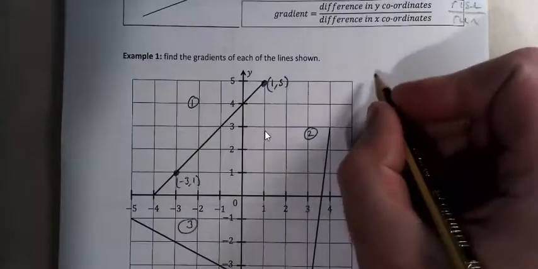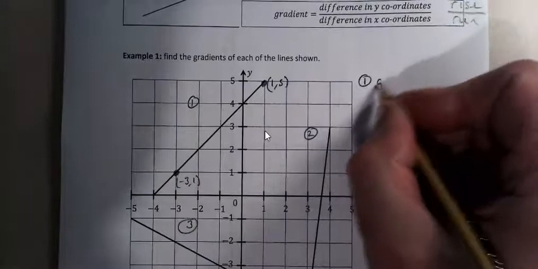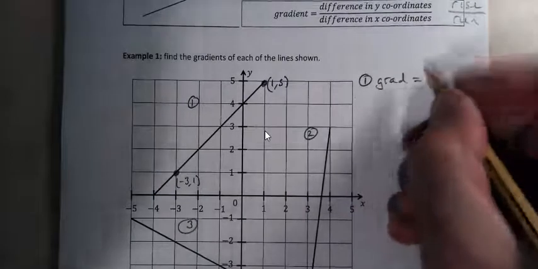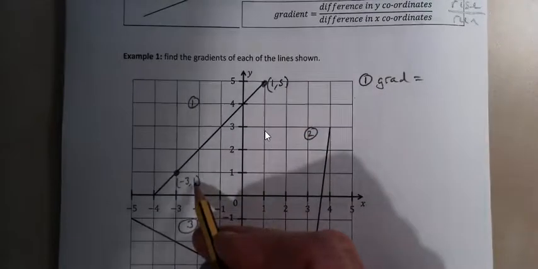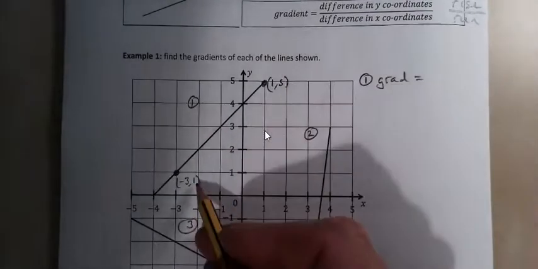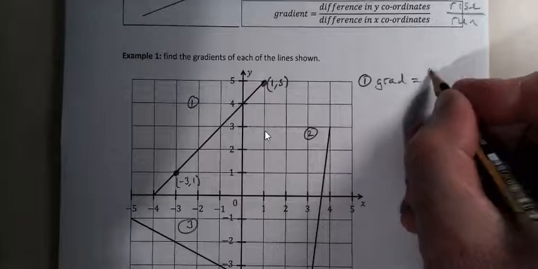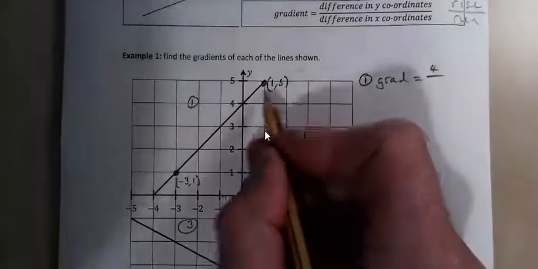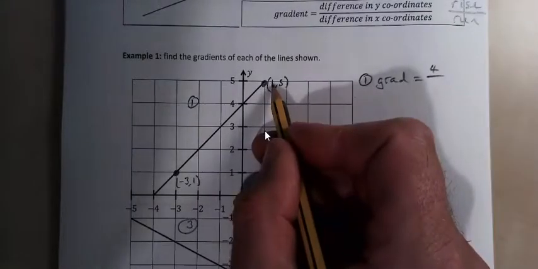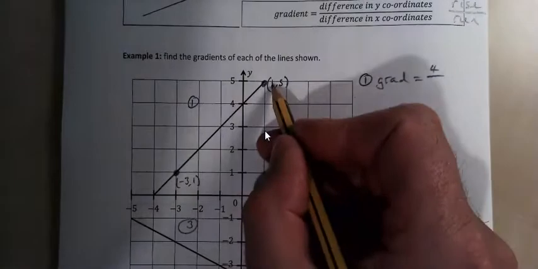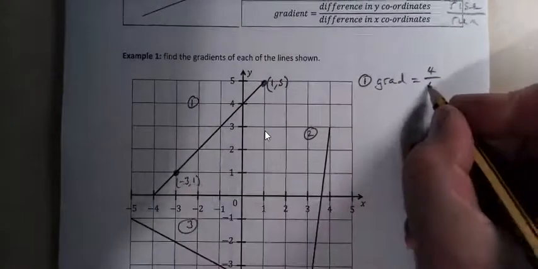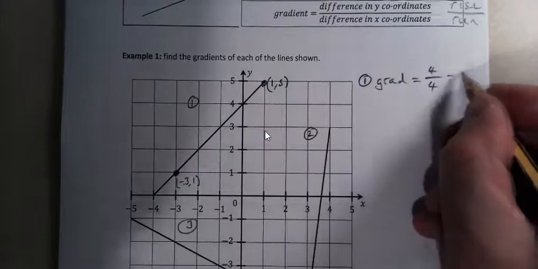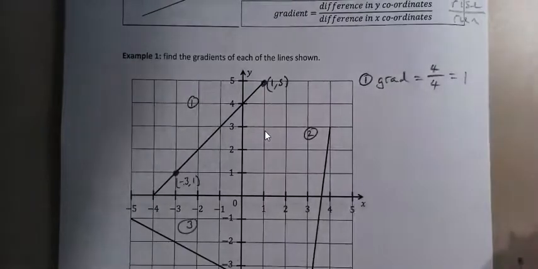So for line number 1, the difference in the y coordinates: the y coordinate here is 5, and here is 1, so 5 take away 1 gives me 4. Then the x coordinates 1 and -3, so 1 minus -3 is 4 as well, and that gives us a gradient of 1.